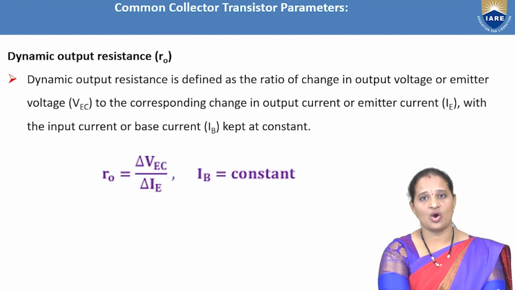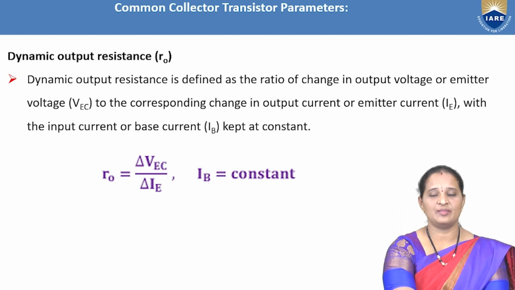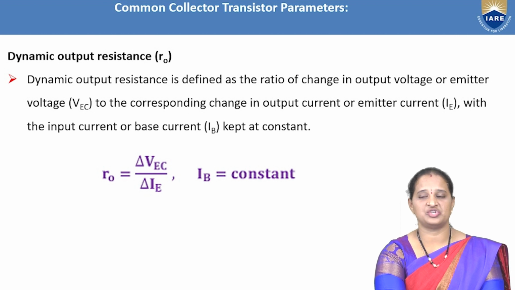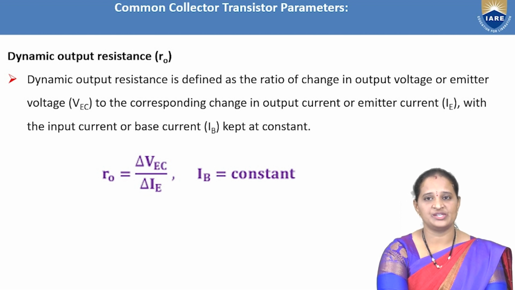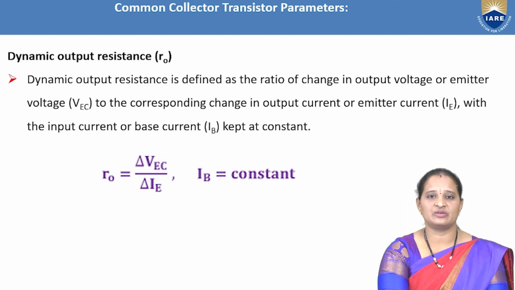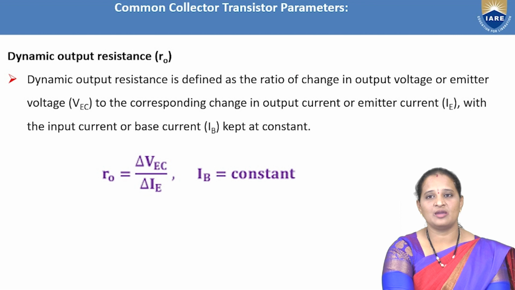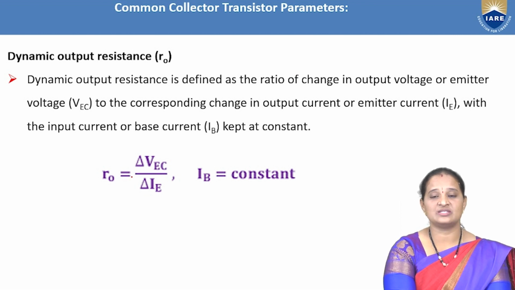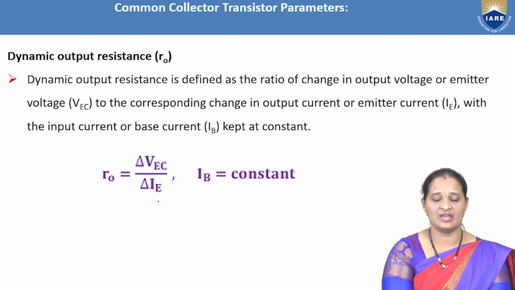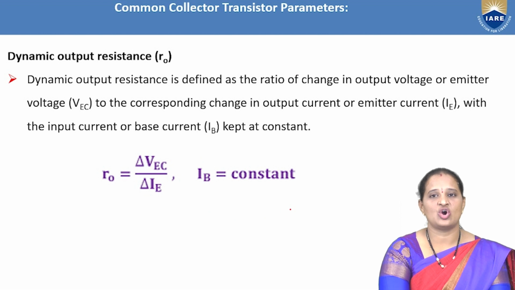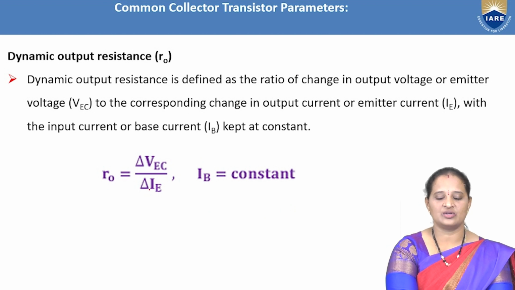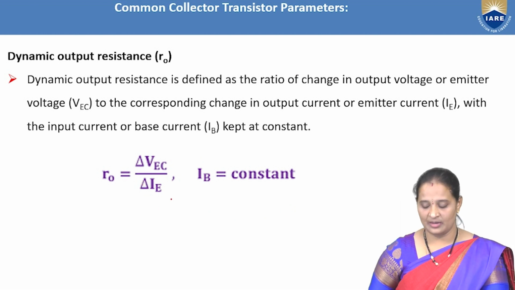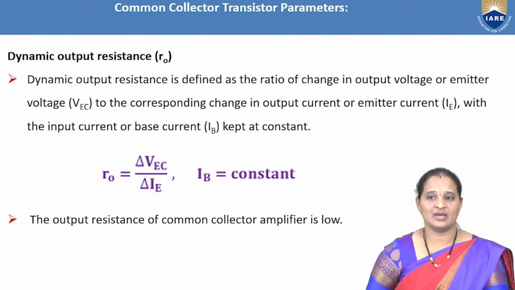As we are measuring the output resistance, the dynamic output resistance is defined as the ratio of change in output voltage, that is VEC, with respect to the change in output current, that is IE, by keeping the input current IB constant. So ro is equal to delta VEC by delta IE at constant IB.